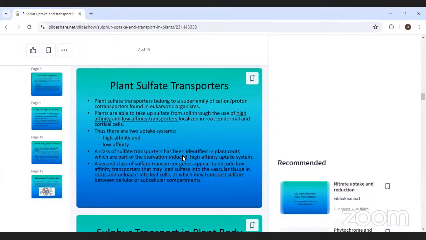This steep electrical gradient is used by the uniporter to transport sulfate from the cytoplasm to the vacuole.